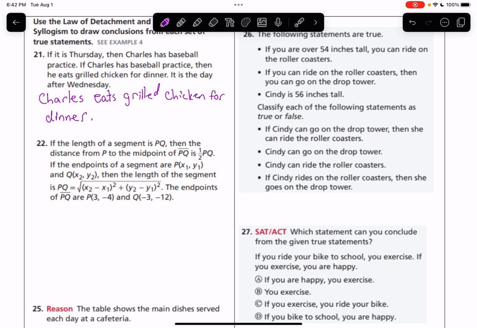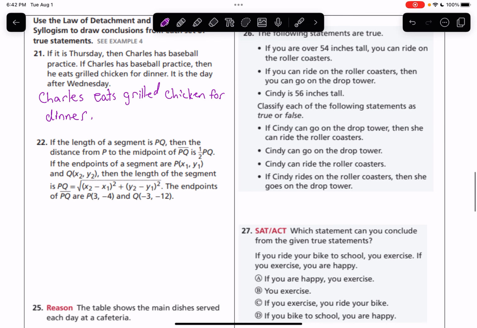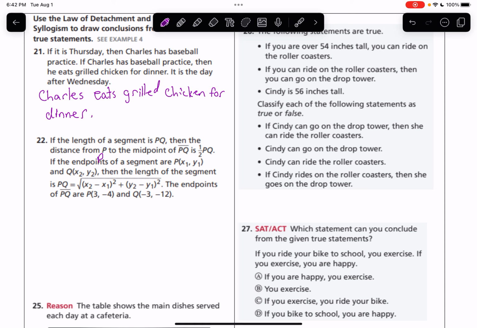So this is interesting because we can use the law of syllogism here, but our original statement is actually the second sentence here. If the endpoints of a segment are P and Q, that's our first part, then the length of the segment is, and then it gives us the distance formula. That's the hypothesis of the first statement.